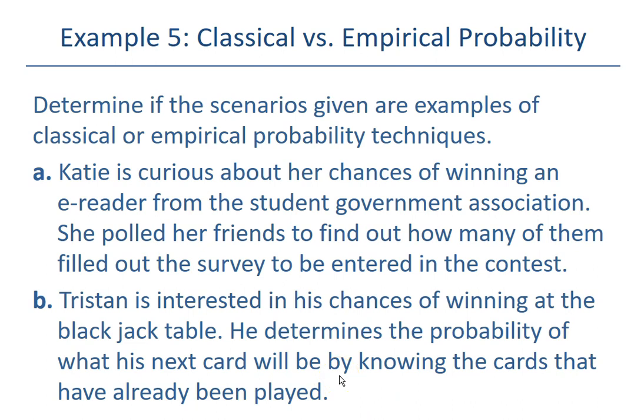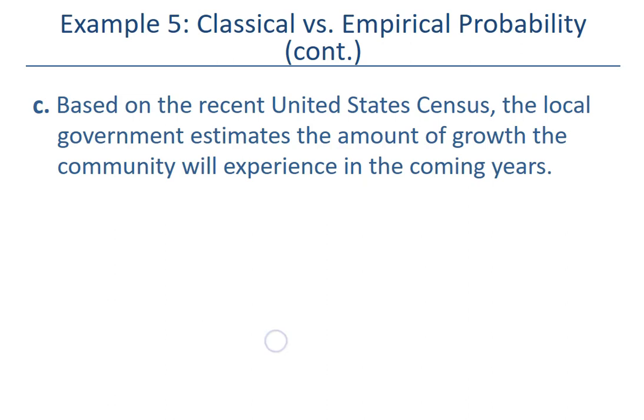Well, here we're using a classical deck of cards, a standard deck of cards, and he's seen what's resulting so far, and he can, if he has a good mathematical mind, figure out his odds. So this one would be classical, because there's a standard deck of cards. Okay, let's see what they say.